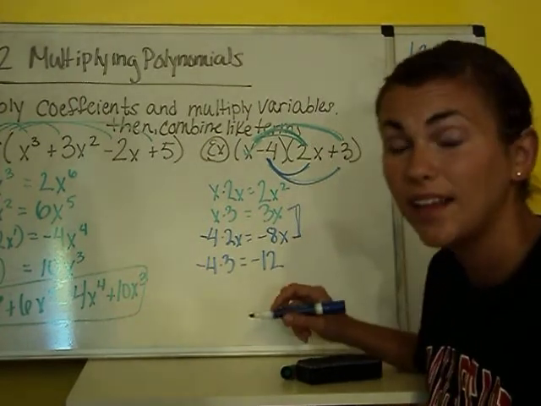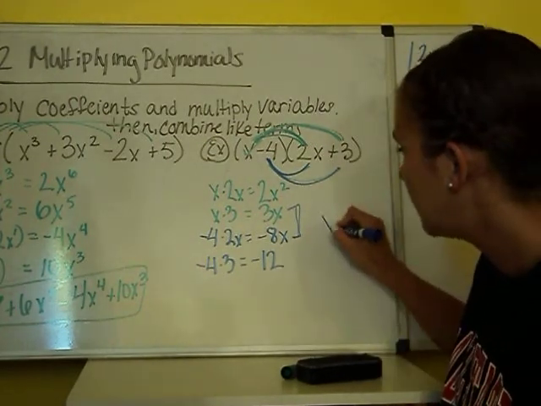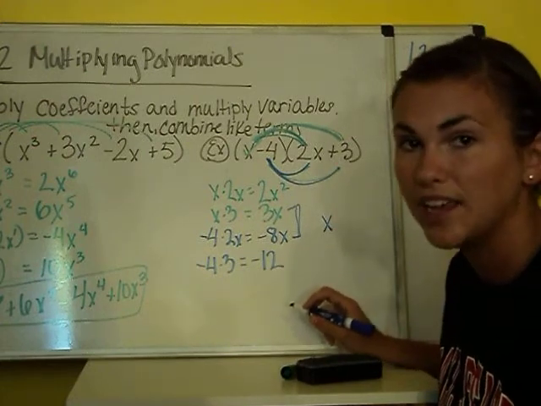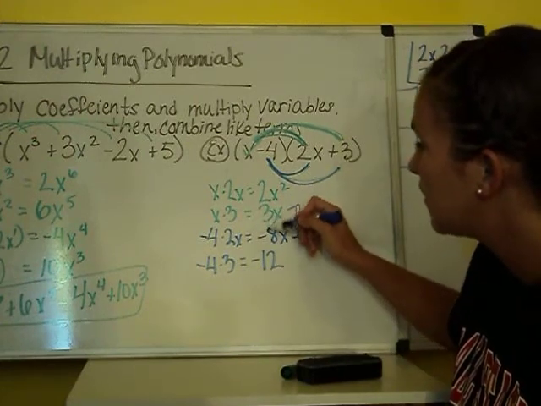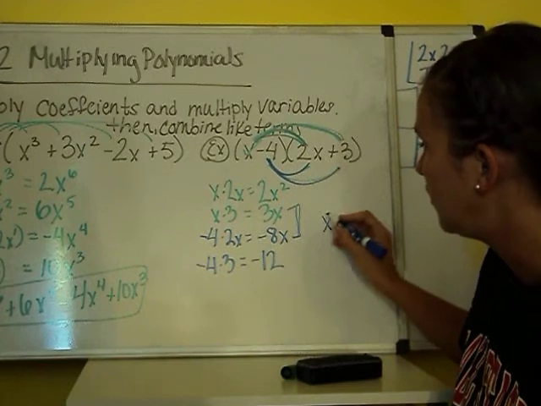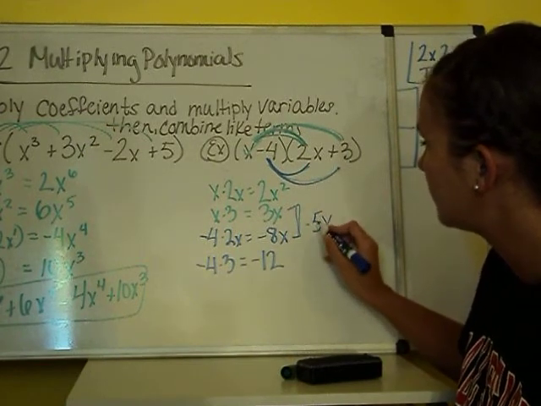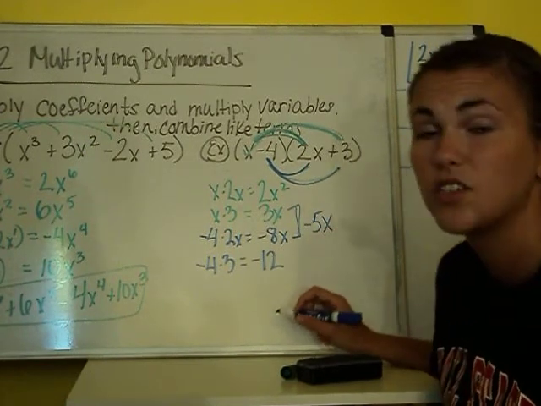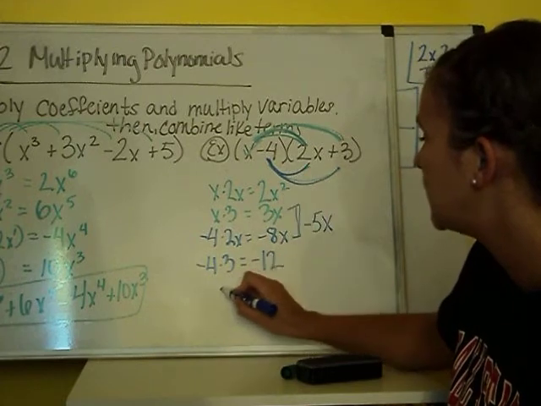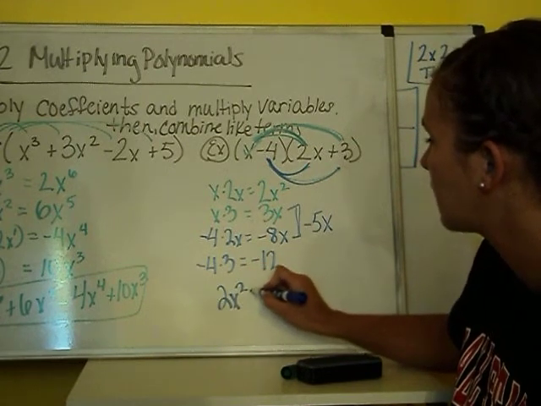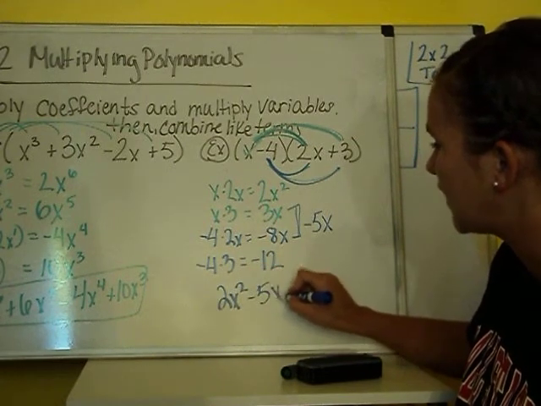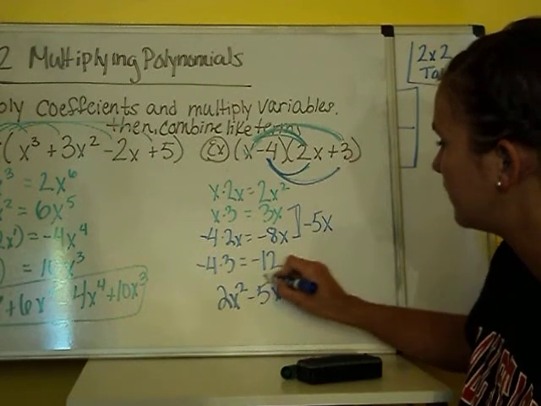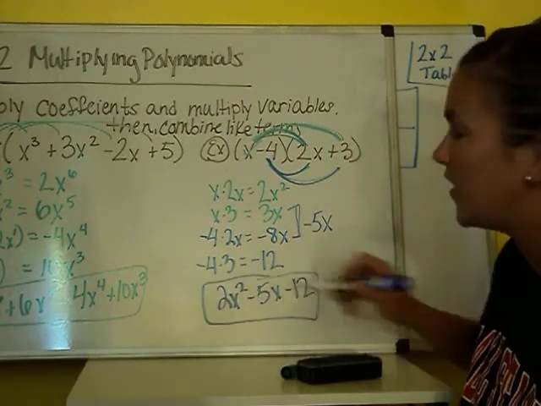When we're combining like terms, the label stays, so the x stays, and we just combine -8 and 3, which gives us -5. So our final answer here is going to be 2x squared minus 5x minus 12. And that is our answer.